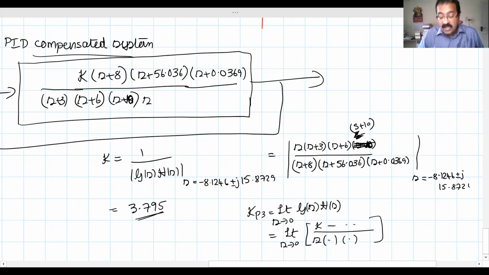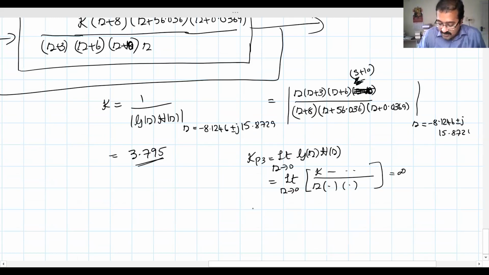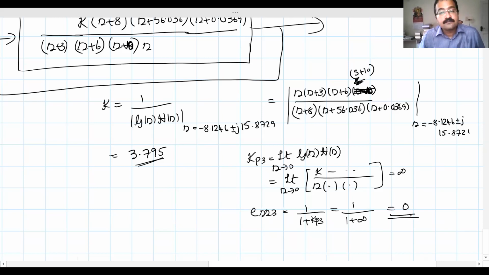Since there's an S here, as S tends to 0, Kp3 becomes infinity. The corresponding steady state error ESS3 will be 1 divided by 1 plus Kp3, or 1 by 1 plus infinity, which means 0. So we have designed a PID compensator to meet the given performance specifications, both the transient specification as well as the steady state error specification.